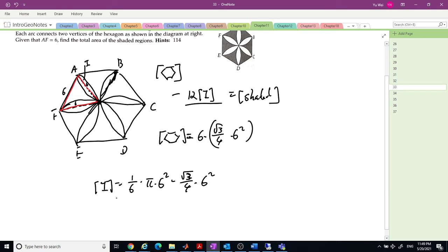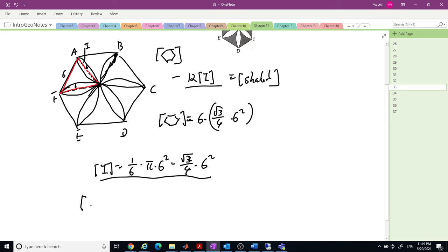Okay, so now we can use the hexagon minus the 12 pieces of 1, right? If you keep simplifying it, finally the answer will be 36 root 3 over 2 minus 2 pi.